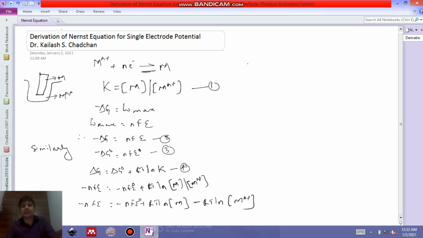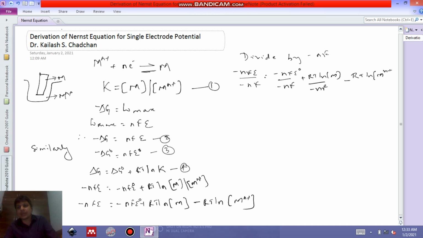So what it becomes: minus nFE divided by minus nF equals minus nFE naught divided by minus nF, plus RT ln concentration of M divided by minus nF, minus RT ln concentration of Mn+ divided by minus nF.